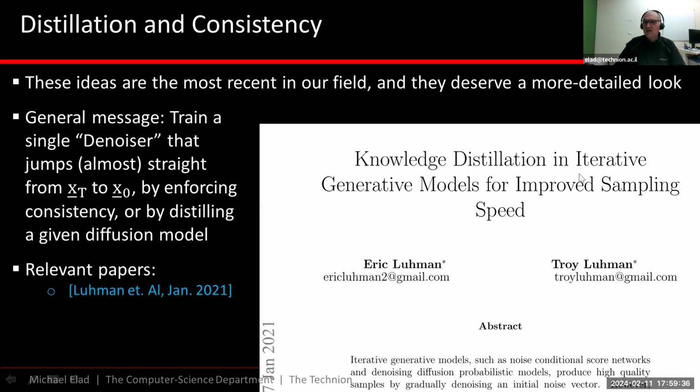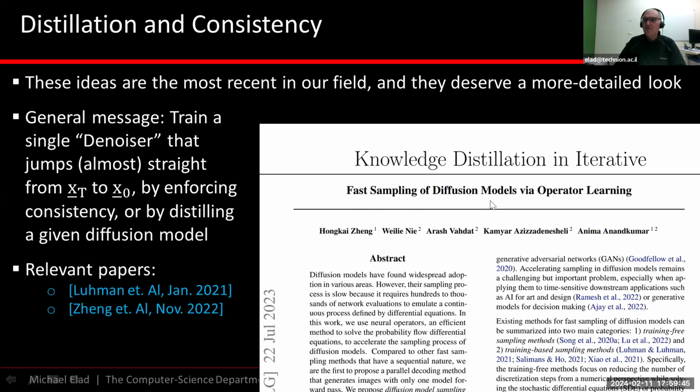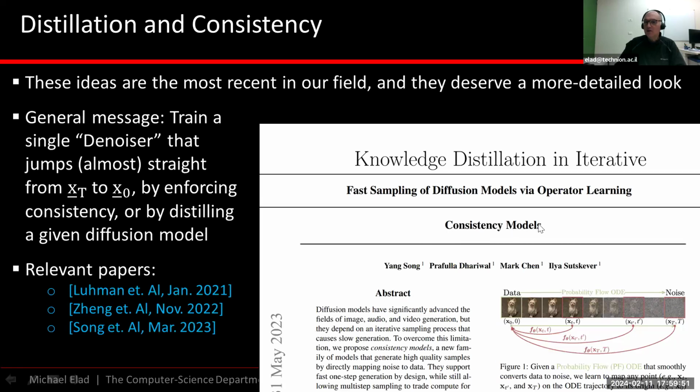And I'm showing you a bunch of papers that do this. Knowledge distillation in iterative generative models already in 2021, but again, the performance was not competitive, so nobody took care of it. Then fast sampling of diffusion models via operator learning. Arash Vahdat, we have seen the name. Consistency models by, look at this paper. This is the paper that brought the attention.